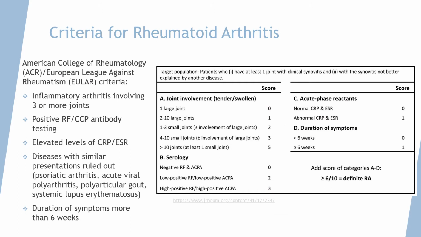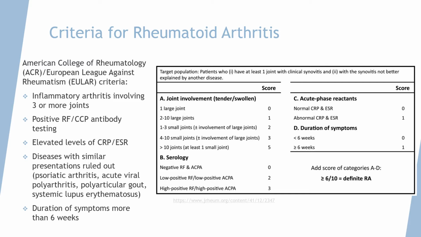The criteria for diagnosing rheumatoid arthritis exist, and they were created by the American College of Rheumatology and the European League Against Rheumatism. The criteria involve the inflammatory arthritis, how many joints are involved, the RF and the CCP testing that we talked about, the acute phase reactants, CRP and the ESR, and the duration of the symptoms.